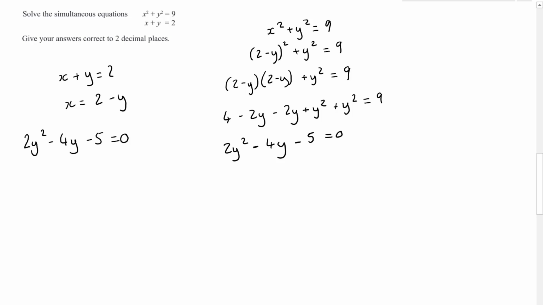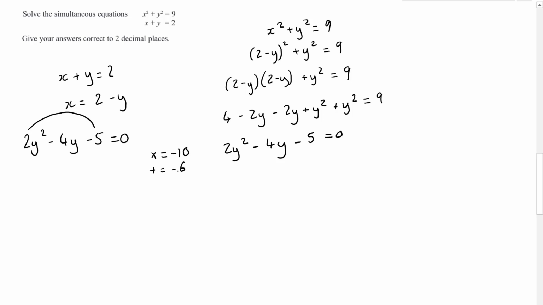In order to factorize something where we have a non-unity value for y squared, unity just meaning 1, because we have 2, we're looking for two numbers that multiply to give 2 times minus 5, so minus 10, but add together to give minus 4.